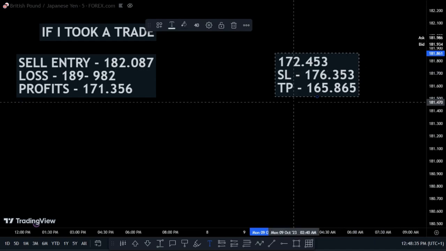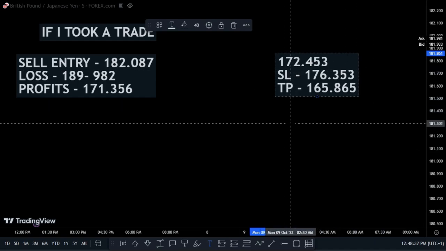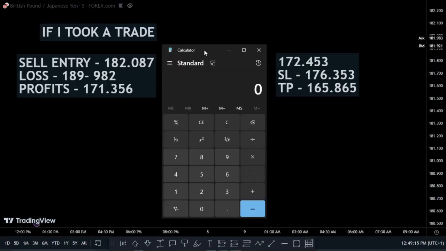Okay, if this is my trade, it's a simple addition and subtraction. How do I do that? So how I'm going to calculate this is, first we have 172.45. The SL is actually higher than it, so we're going to take the SL, 176.353, and subtract our entry from it, since the entry is smaller, 172.453.